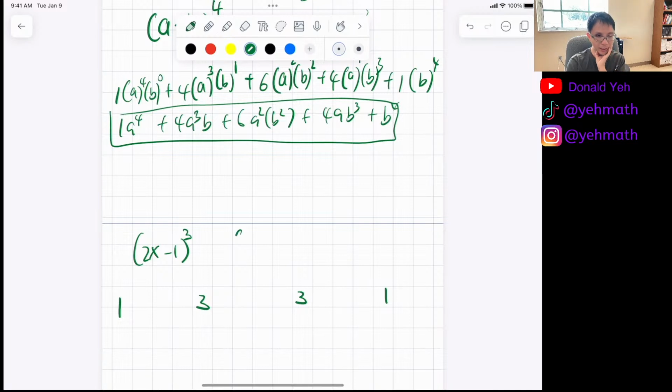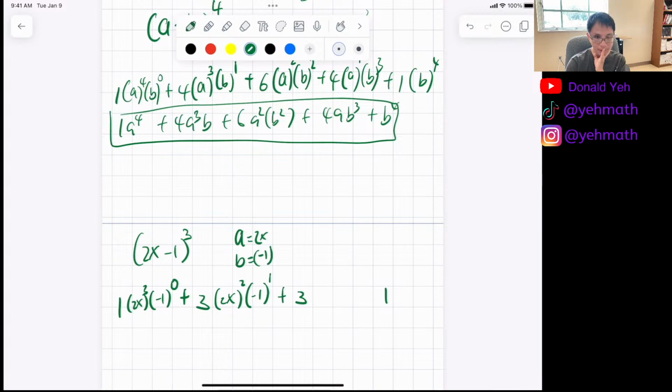What is a in this case? B is what? Negative 1. Good. So it'll be 2x to the which power? To the what? 3rd is correct. And negative 1 to the which power? 0. Right? Plus 2x to the 2nd power, negative 1 to the 1st.